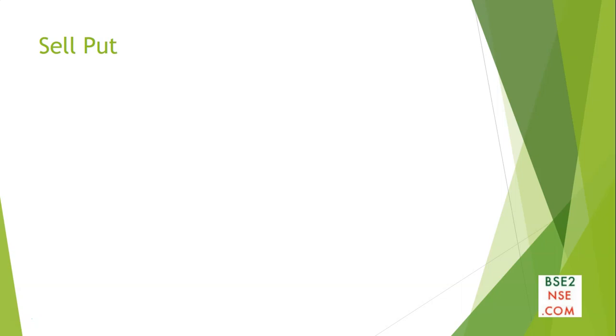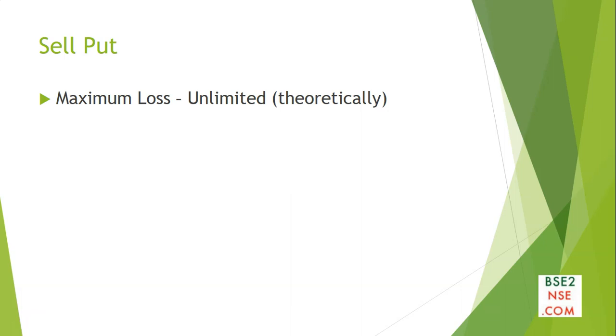If you don't know, please watch the second video where I have explained in detail with an example on different scenarios why option selling is more probable of getting profit than option buying. But there's a risk associated with it. Without understanding the risk, never sell an option. Maximum loss is theoretically unlimited, because when you sell an option and the price goes against you, your losses will keep increasing.